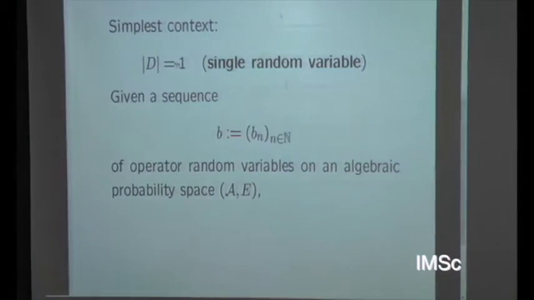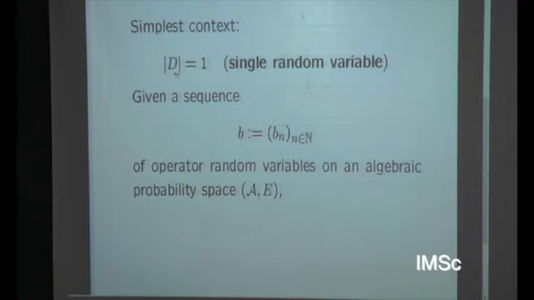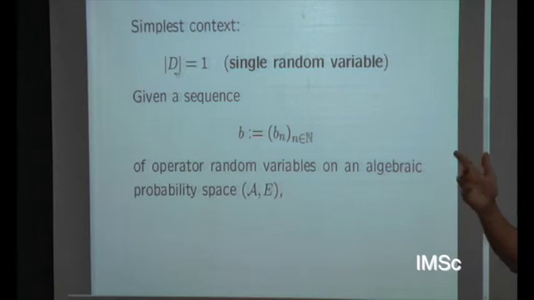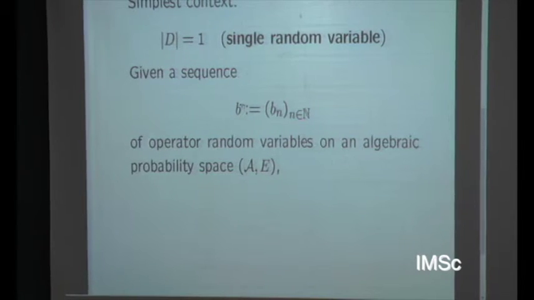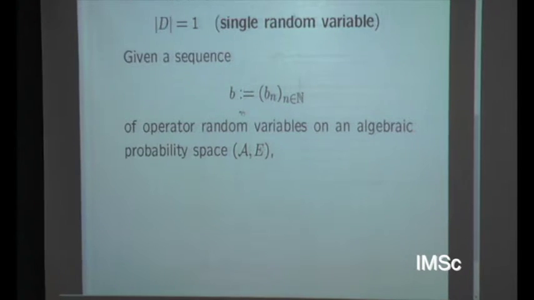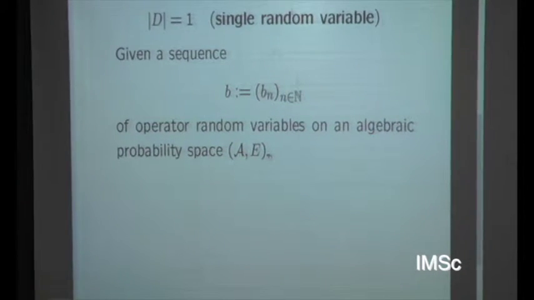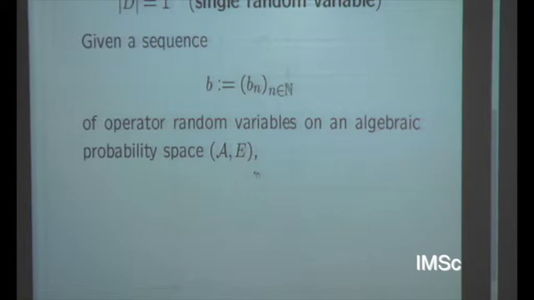So to illustrate this point, I will consider the simplest possibility. Instead of considering a vector valued random variable, you remember the index set D was labeling the components of a non-commutative vector valued random variable. Now we consider the case of a single random variable, so we omit the upper index of the B. We have only one sequence of B. Moreover, for simplicity, in order to avoid technical complication, I consider a single probability space.